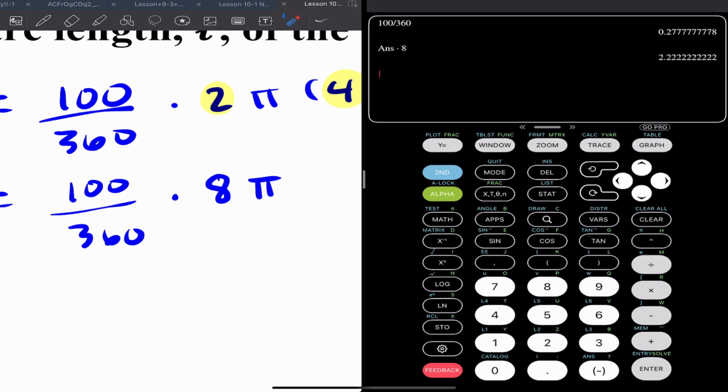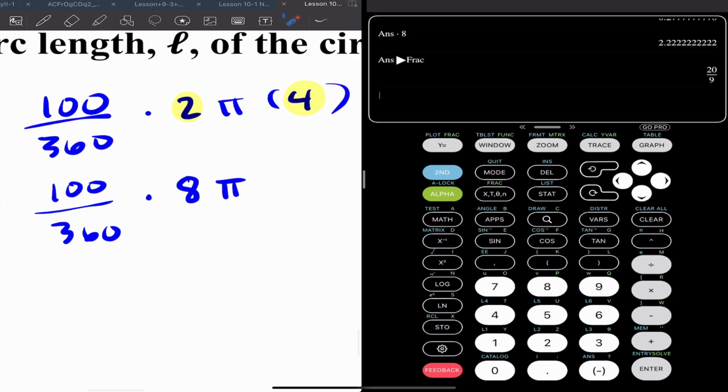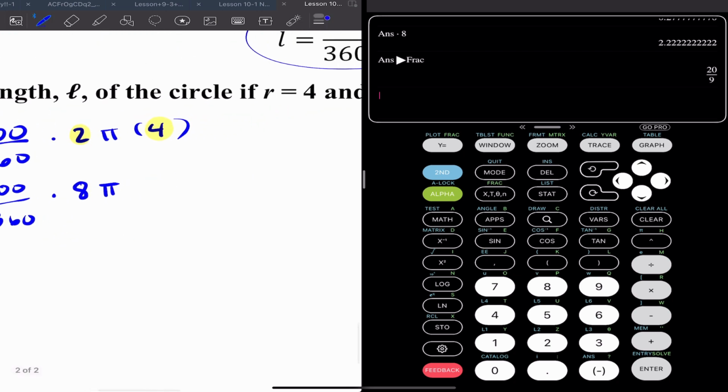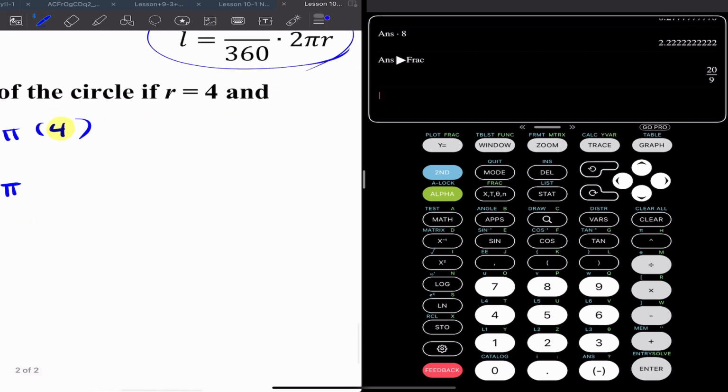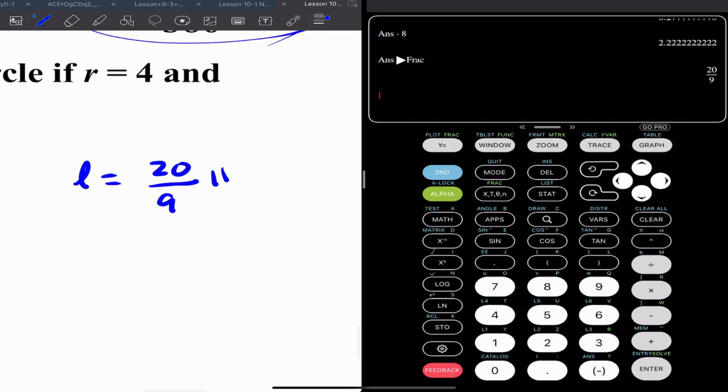Let's convert that decimal into a fraction, which is using the math button, and then you're going to press enter twice. And you should get L equals 20 over 9, but that's not the answer because we have to slap on the pi that we did not multiply in the calculator.